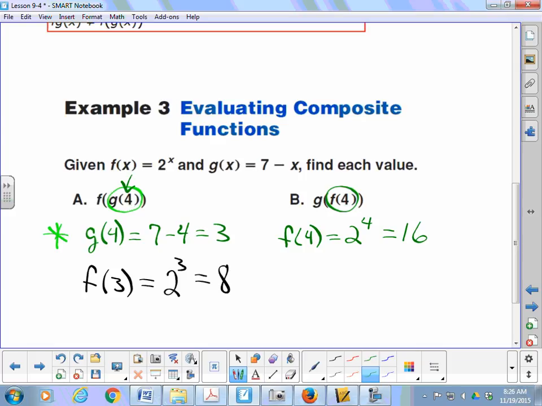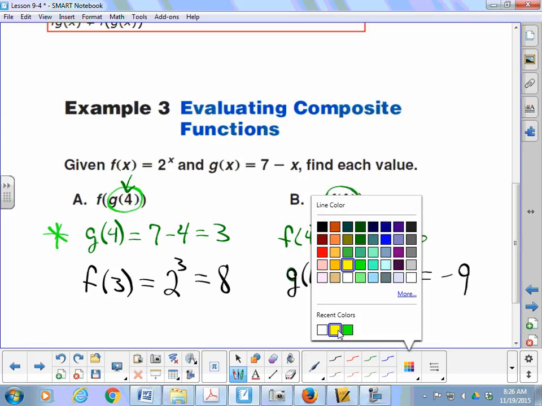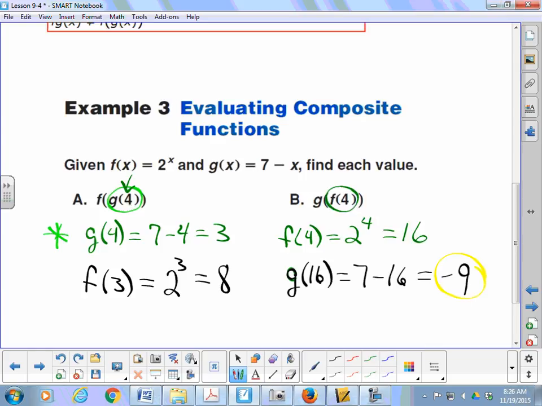Now, since f of 4 equals 16, we want to find g of 16. We get negative 9. So my final answer for these two problems is negative 9 and 8.